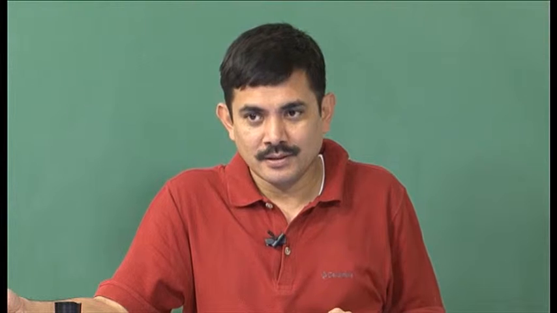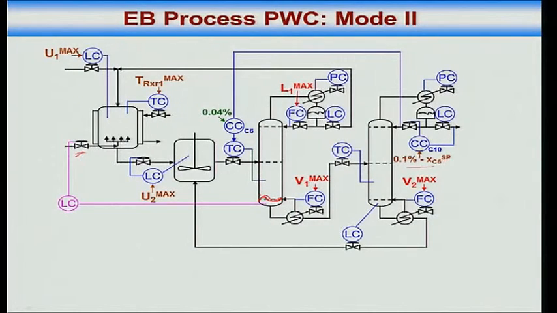It makes sense. Only problem is, if I make a change in the ethylene valve, in the ethylene flow, how long does it take for that effect to show up in the level? It turns out that because these two reactors are CSTRs and they have been designed for complete conversion of ethylene, residence times are very large, 1 hour in reactor 1, 1 hour in reactor 2 at the design condition.